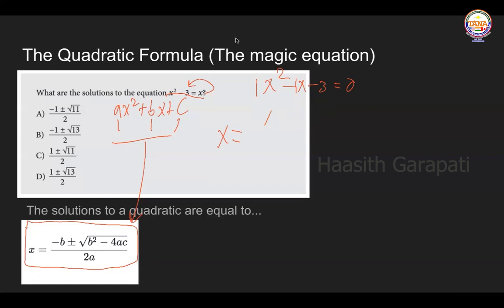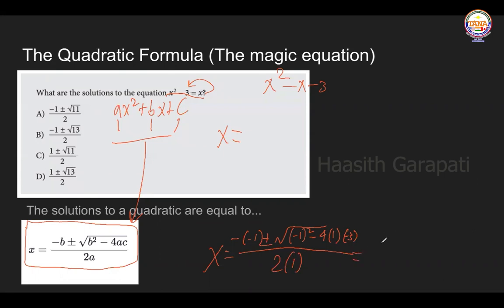Let me do this on the black portion of the screen so it's easier for you guys to see. Okay, yeah. x is equal to -1 plus or minus, -1 squared minus 4. What is a? A is equal to 1. And then c is equal to -3, over 2a, over 2 times 1.